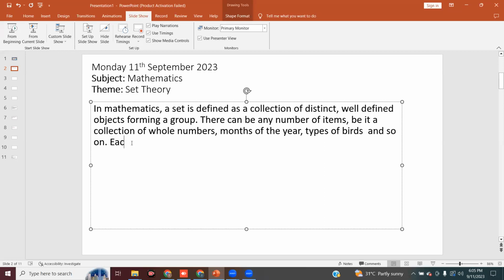Now, each item in the set is known as an element of the set.